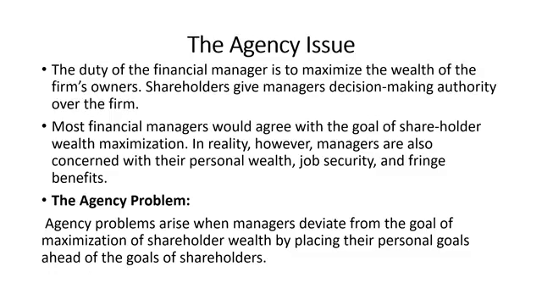So the agency problem arises when managers deviate from the goal of maximizing shareholder wealth by placing their personal goals ahead. They want only their personal goals and are not interested in the corporation's goals. So here the agency problems appear.